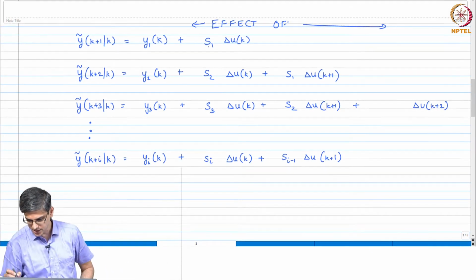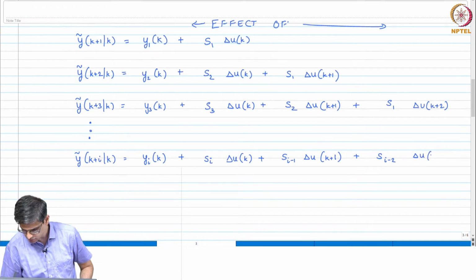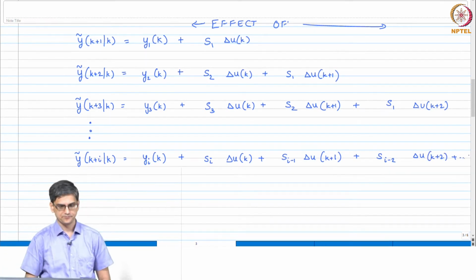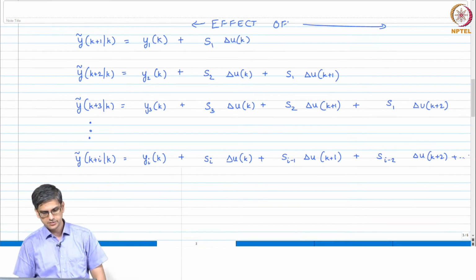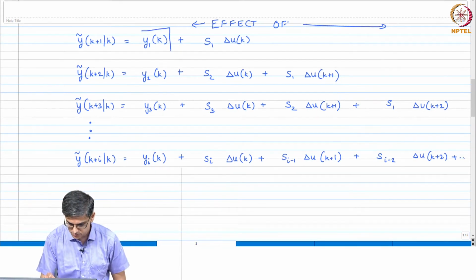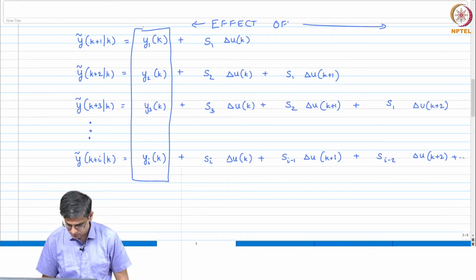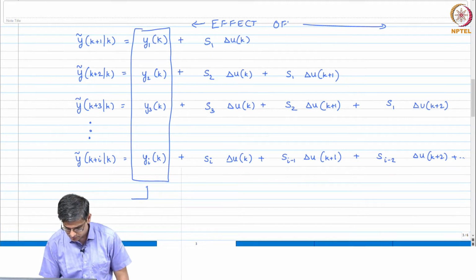Okay. And likewise over here it is going to be S1 plus S i minus 2 plus so on, right. So, what is emerging out? This comes from the states.